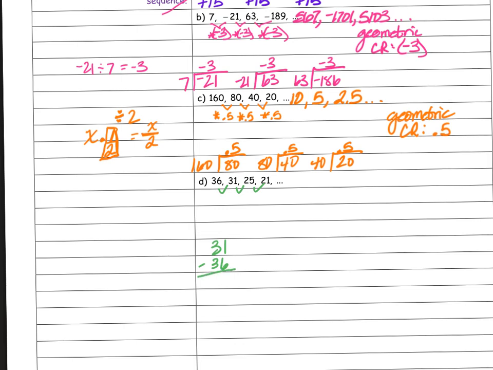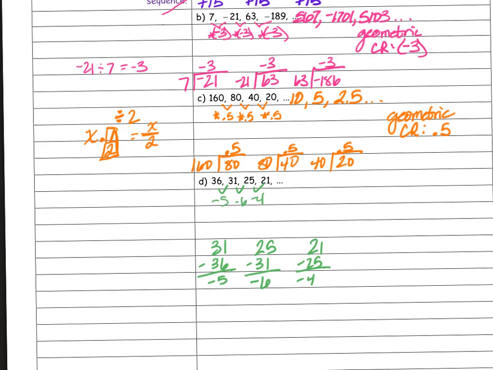Well, 31 minus 36 is -5. Great. And then I'm going to take 25 and I'm going to minus 31. Well, 25 minus 31 is -6. Oh, and then 21 minus 25 is -4. So I have -5, -6, -4.